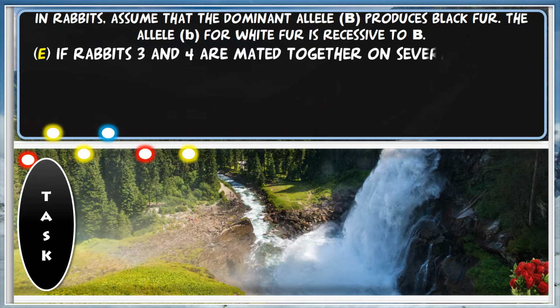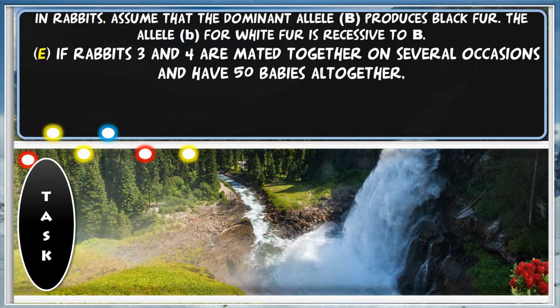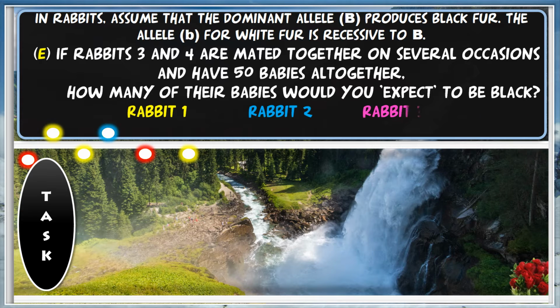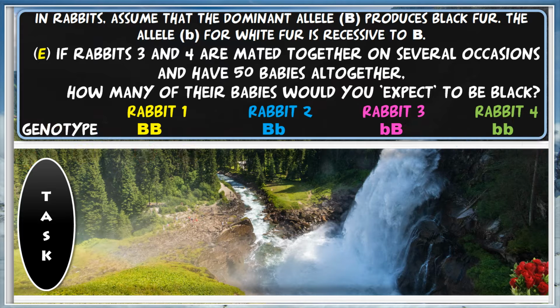Part E. If rabbits 3 and 4 are mated together on several occasions and have 50 babies altogether, how many of their babies would you expect to be black?